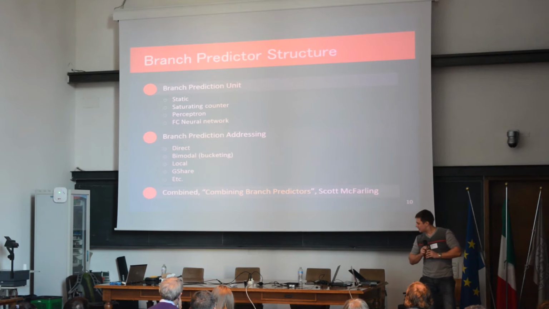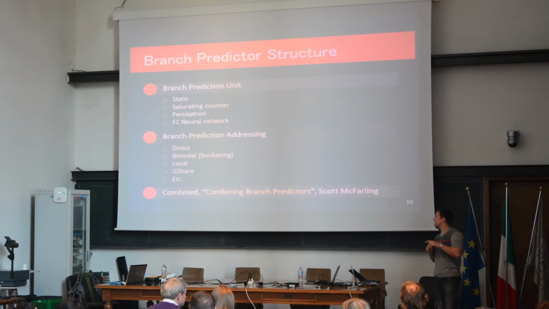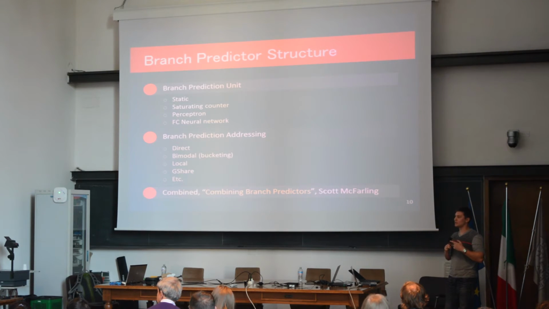So to be able to flexibly test the predictors, we decided to separate the addressing modes of branch predictors and the prediction units. Examples of prediction addressing are direct addressing, where just one prediction unit exists and it is used for the prediction itself, then G-share, bimodal addressing, and stuff like that.